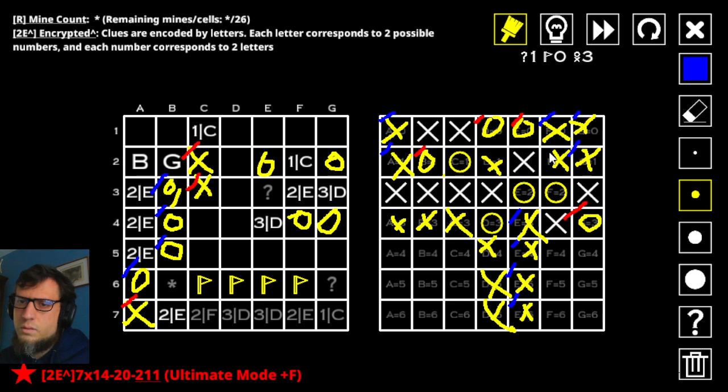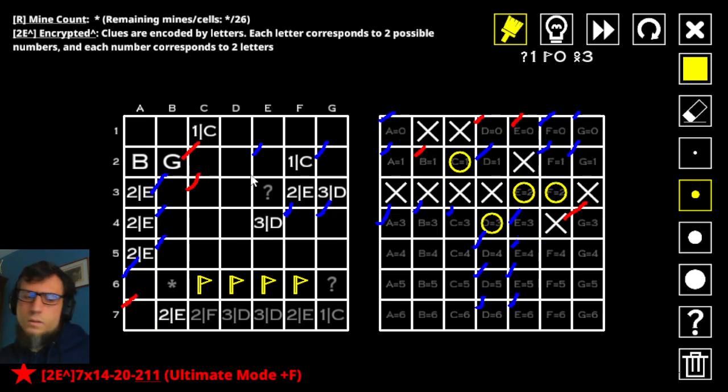Okay. Otherwise, this is a mine. That forces this to also be a mine. This now has 2.